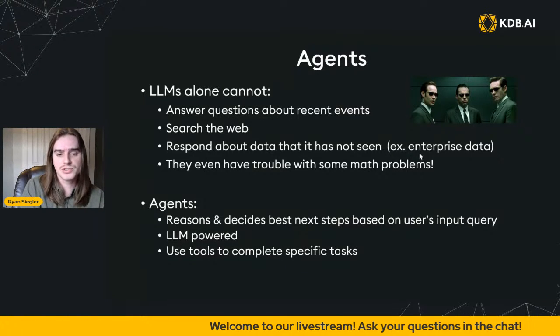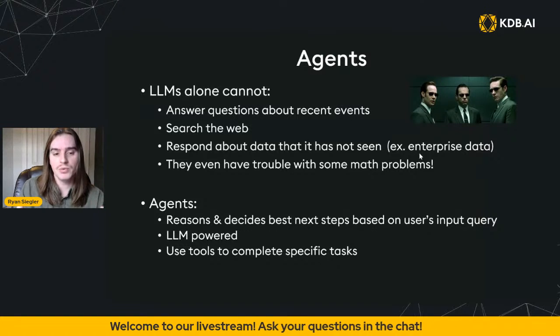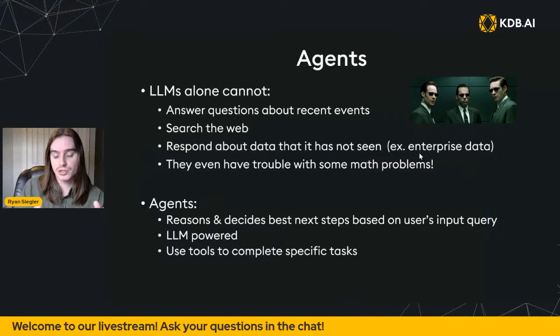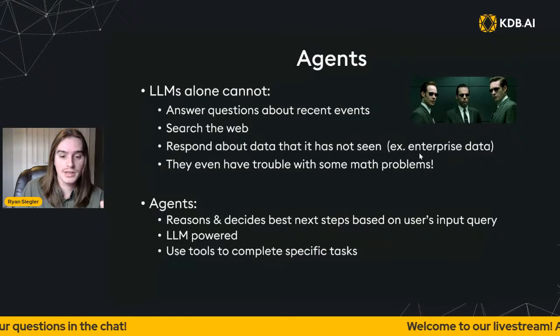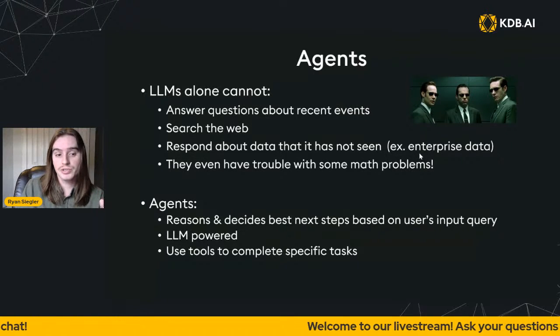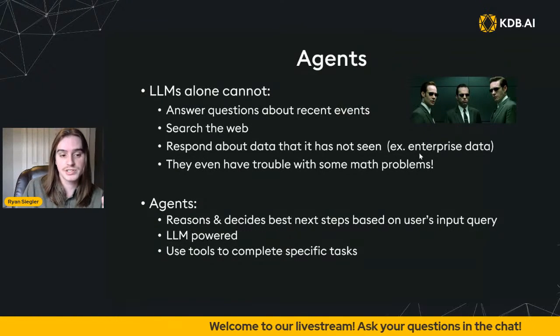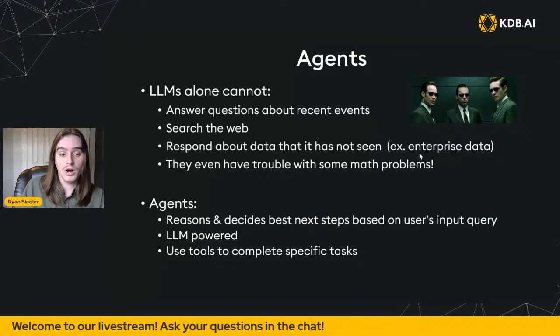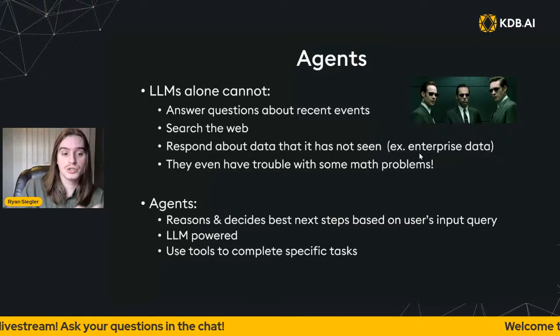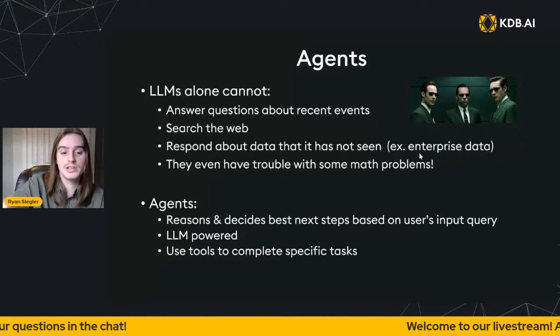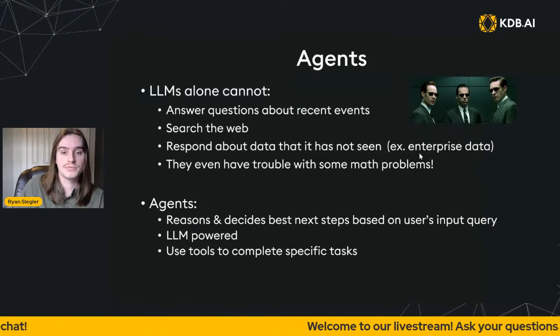So based on a user's query, it will decide what are the next best steps so that we can provide the best possible answer back to our user. And to do this, it really does it within 2 steps. It reasons and figures out what steps need to be taken, and then it will actually have access to certain tools, which are specialized functions to complete specific tasks.